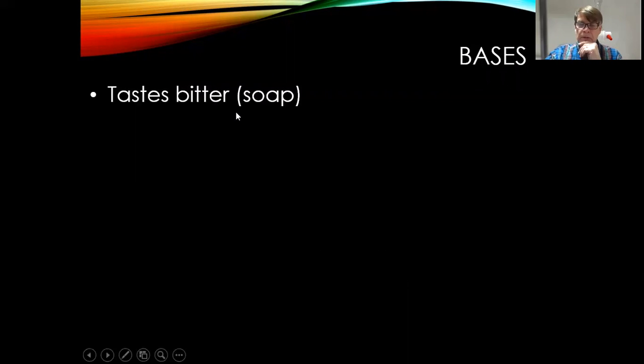Bases taste bitter. Now, my parents never put soap in my mouth. I had good parents. They would not do something like that. But soap would be an example of something that is basic in the chemical sense. Pepto-Bismol would be basic. Milk of magnesia, that's what I was going for, is basic.